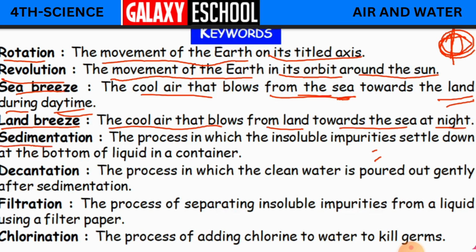And now the other word is sedimentation. The process in which the insoluble impurities settle down at the bottom of a liquid in a container. Insoluble impurities like sand, dirt and all that are going to settle down at the bottom of the liquid.